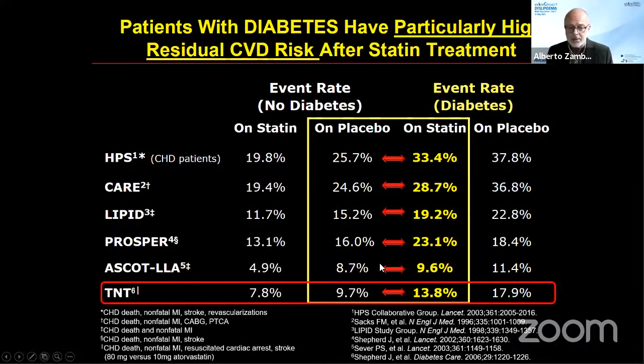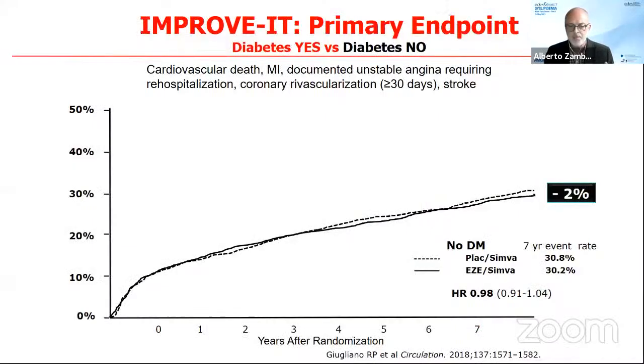Now, let me point out that in TNT, the comparator was 10 milligrams of atorvastatin, and the statin therapy was 80 milligrams of atorvastatin. So the message from TNT is that those with diabetes on 80 milligrams of atorvastatin had 14% events in 5 years. Those without diabetes on 10 milligrams of atorvastatin had a lower event rate, once again suggesting that there is a road ahead that we should explore to further decrease the events.